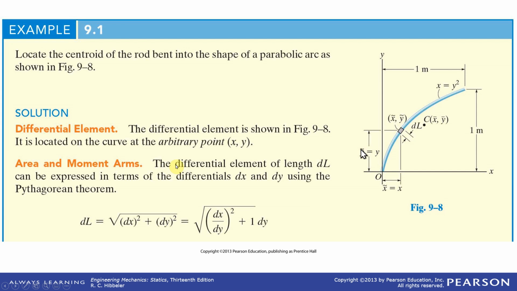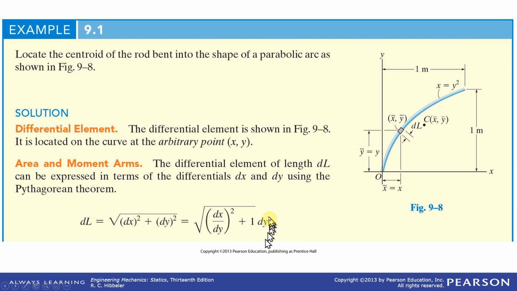There we go. So here's an example. A parabolic arc, y equals x squared. We want to know the center of mass of this body. We take a differential L and express it in terms of the differential x and differential y, dx and dy, dx back and forth, dy up and down.